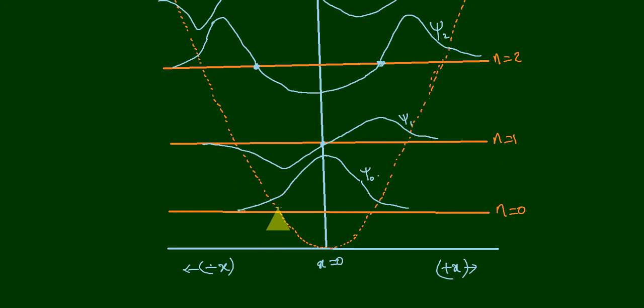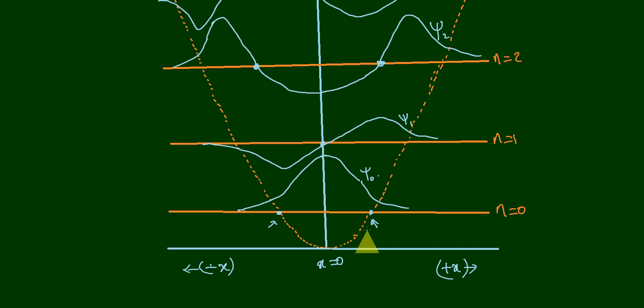If we treat this particle classically, and the energy level is here, the particle should come here, and then go back. And when it comes to here, it should meet here, and then go back. So these are the two extreme positions, the turning points. I have explained this in the first video.